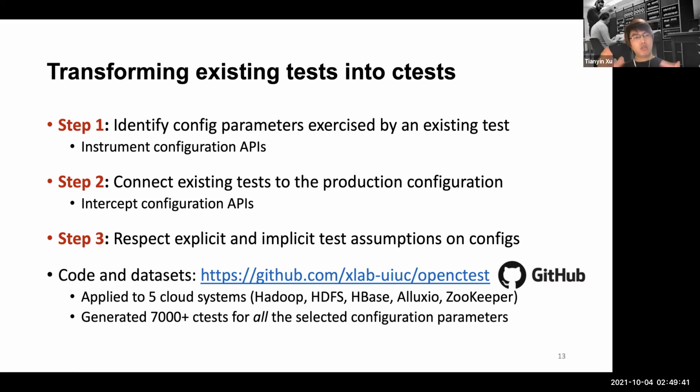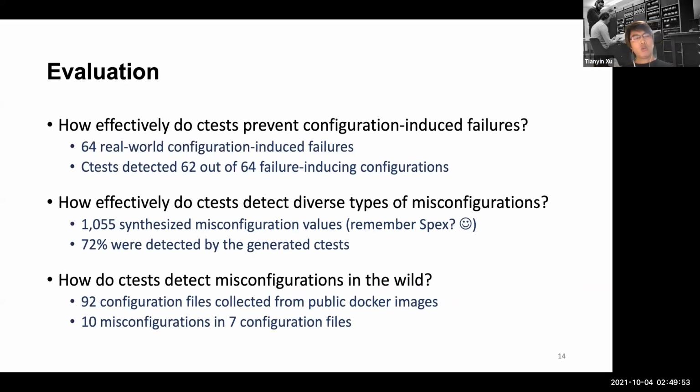We applied the methodology onto 5 cloud systems, and in total generated more than 7,000 C-tests for the selected configuration parameters. We did a quite extensive evaluation of the effectiveness of C-test in capturing bad configs. We did 3 things.